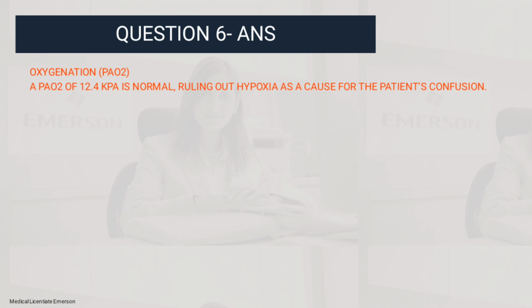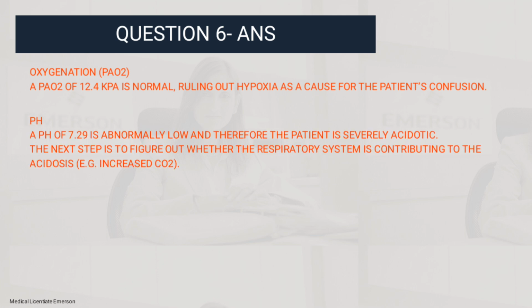Okay, let's break them down. In terms of oxygenation, the partial pressure of oxygen of 12.4 is normal, ruling out hypoxia as the cause of the patient's confusion.